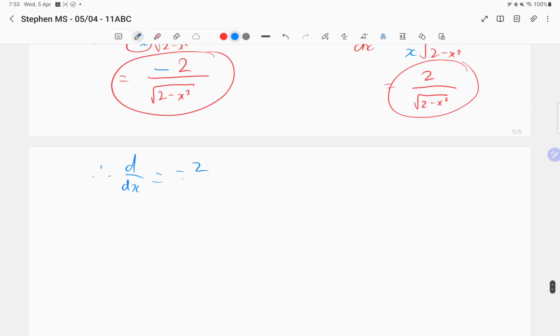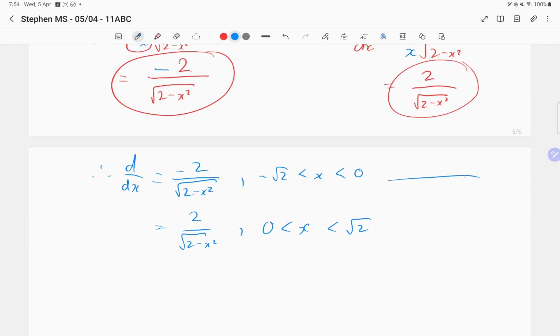So now that we know that, the final answer, d over dx, would be equal to the negative version for negative square root 2 less than x less than 0, when x is negative. But it can't go past negative root 2. And then the positive version would be for 0 less than x less than positive root 2.